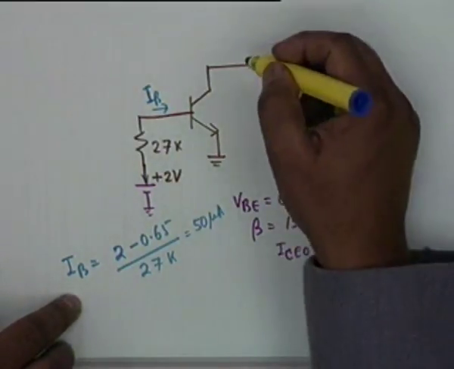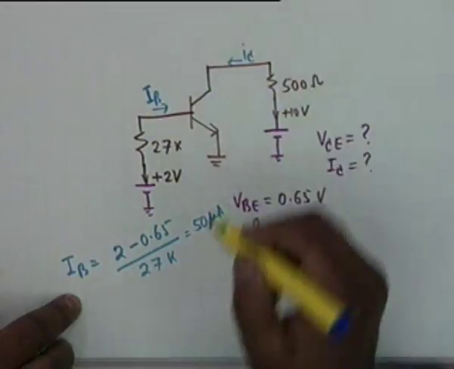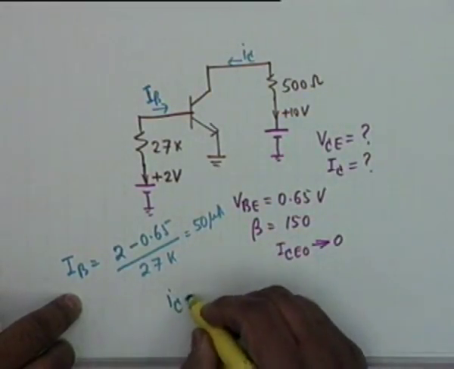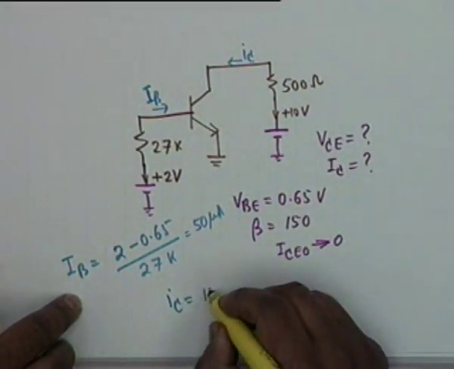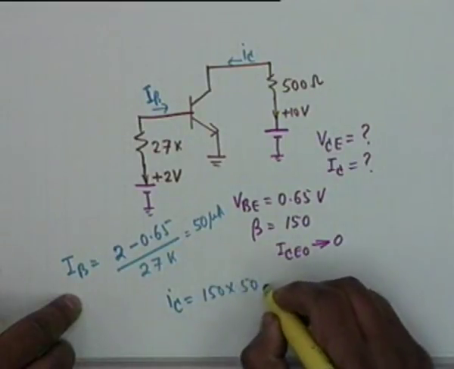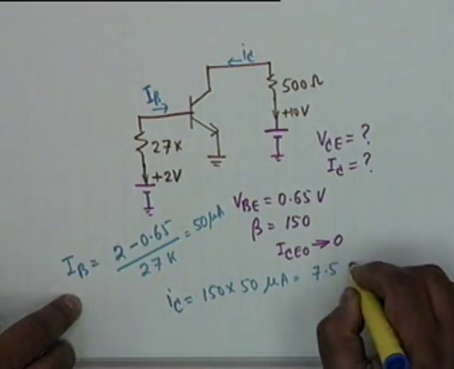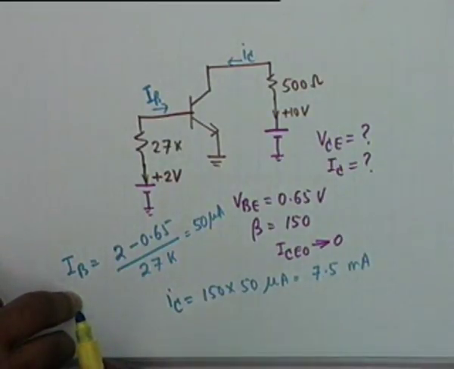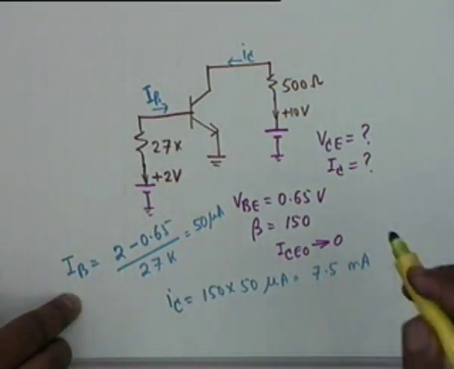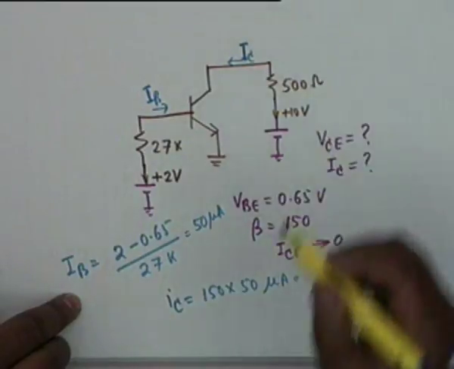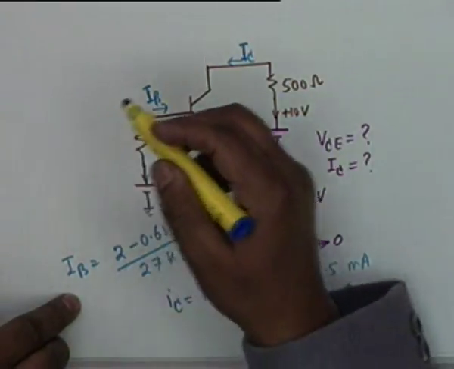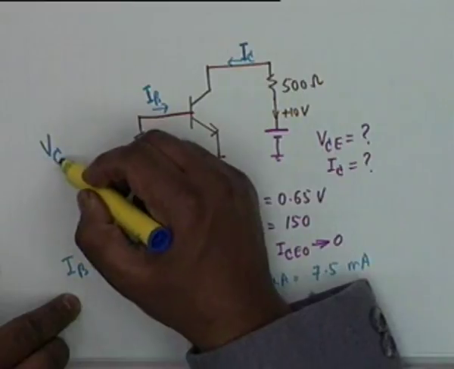If you know this, then you can find out I sub C. I sub C is beta times I sub B, so 150 multiplied by 50 microamps, which is equal to 7.5 milliamps. Knowing capital I sub C, you can find out VCE.